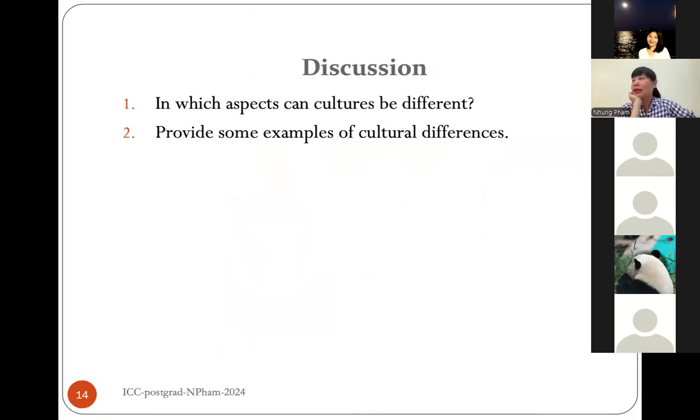So in which aspects or in which areas can cultures be different? We kind of came across this in our previous discussion, when someone said maybe French architecture is different from Vietnamese architecture.